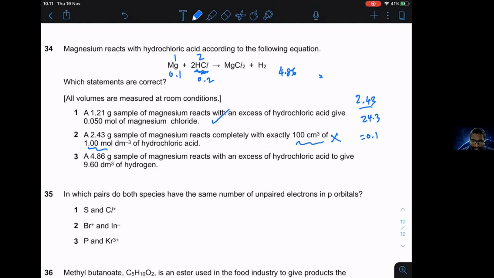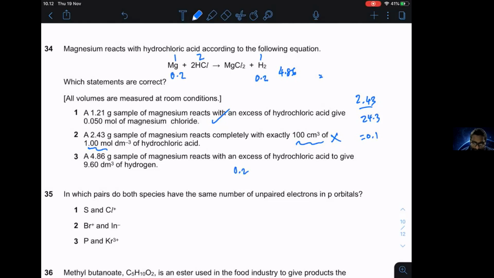For the 4.86 g sample, 4.86 divided by 24.3, we are talking about 0.2 moles. The 0.2 moles react with excess acid to give a certain amount of hydrogen. So 0.2 moles of hydrogen.